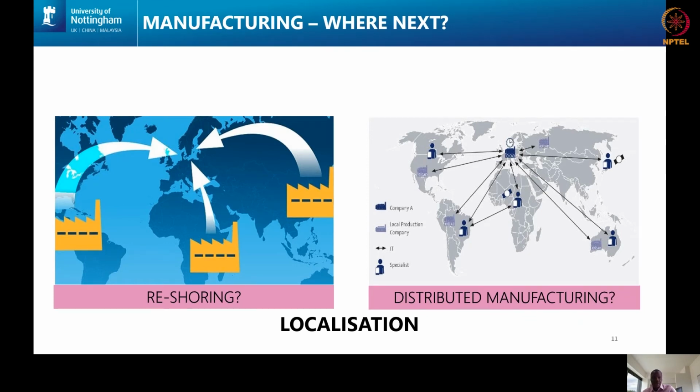So these trends, as I mentioned earlier, have sparked conversations, particularly in developed economies, about reshoring of manufacturing from low-cost destinations. And in a parallel manner, it has also reinforced the conversations about distributed manufacturing.